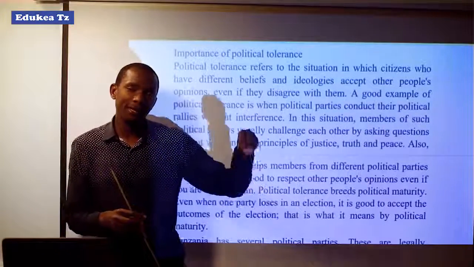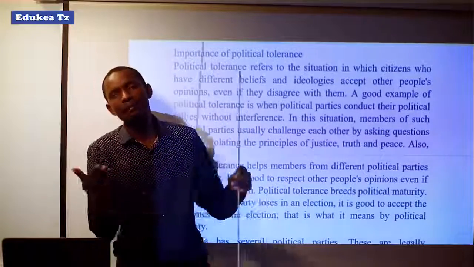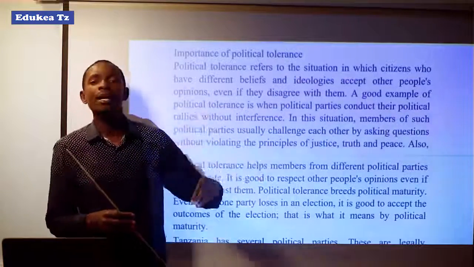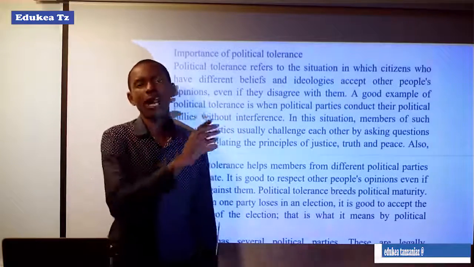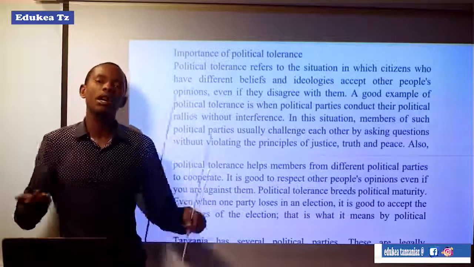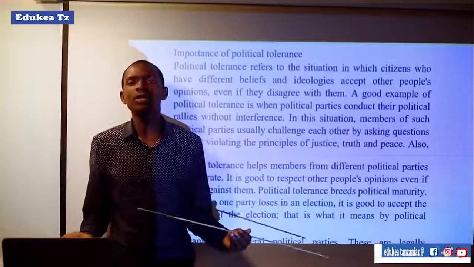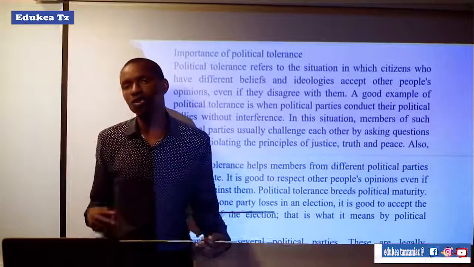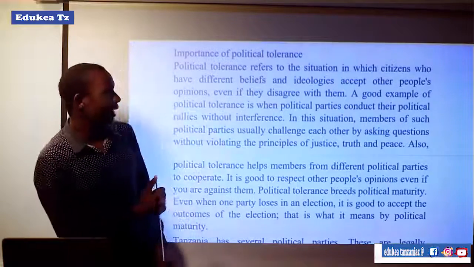After the election, the other political parties should participate, even if they do not believe in the ideology of CCM, or Chama cha Mapinduzi. That is the political tolerance we are talking about. After the election, we are Tanzanians, let us continue building our nation.